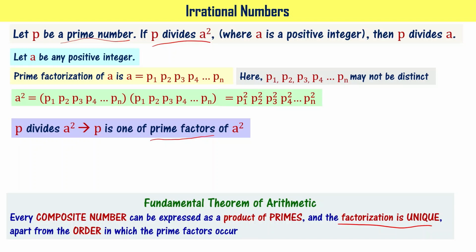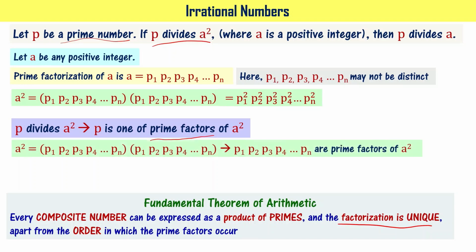When you take the fundamental theorem of arithmetic into consideration, then I can say that p1, p2, p3, p4 and pn are prime factors of a square, right? If that is the case, p is going to be one of p1, p2, p3, p4 and so on up to pn. It can be p1, it can be p2, it can be p3 or anything, right?